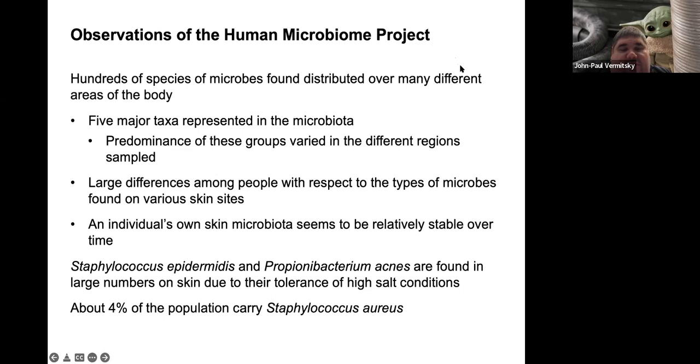An individual's own skin microbiota seems to be relatively stable over time, though. Staph epidermidis and Propionibacterium acnes are found in large numbers on the skin, again, primarily due to their ability to tolerate that high salt. About 4% of the population will carry Staph aureus, as well as Staph epidermidis.